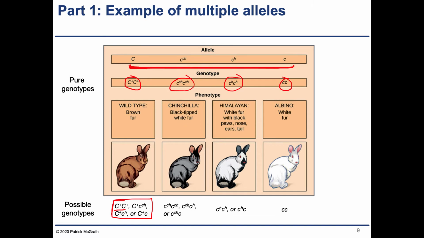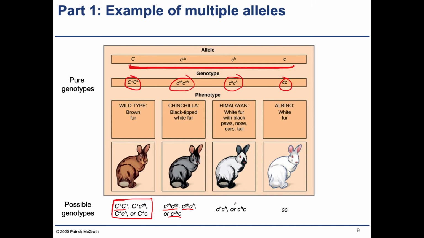The chinchilla was recessive to the brown, but it was dominant to the Himalayan and the albino. That means not only the pure breeding one, but also any of the genotypes that carry the Himalayan or the albino were chinchilla colored.